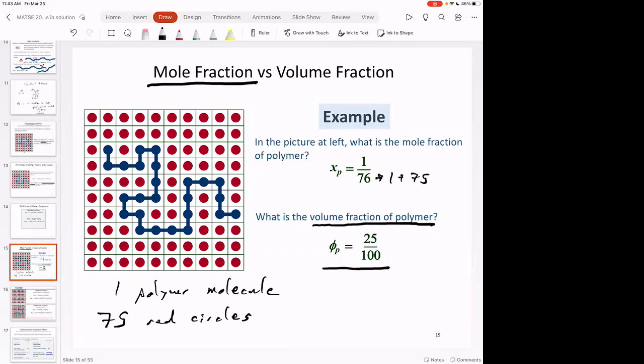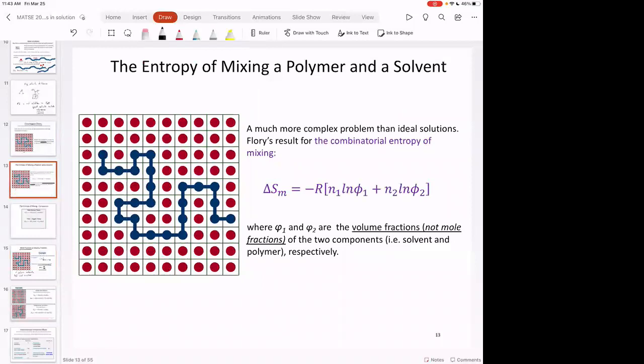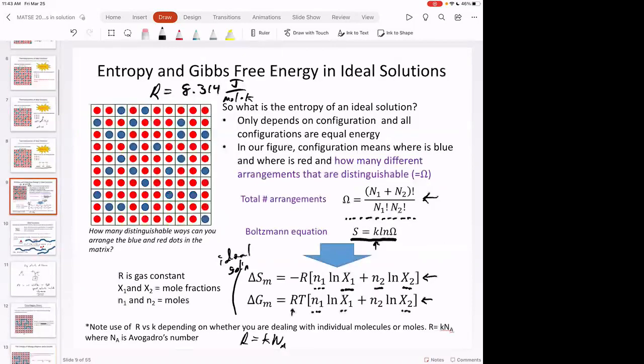One of the hallmarks of Flory-Huggins is that we're going to use volume-based fractions rather than mole fractions. If we go back, bless you, to small molecules, where we have no polymers in an ideal solution, remember, ideal solutions are not about polymers because we violate the assumption that the molecules are the same size.